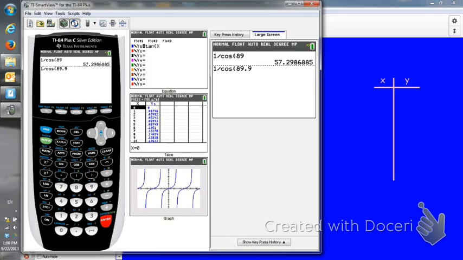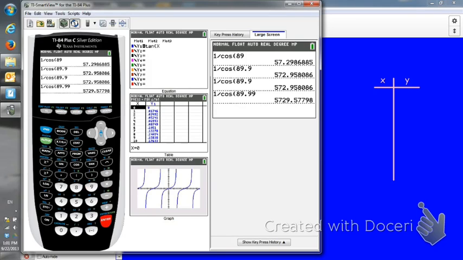And if you can see, this is starting to do the same thing as my tangent graph did. As I get closer and closer to 90, these values get closer and closer to infinity. They just keep getting bigger and bigger.